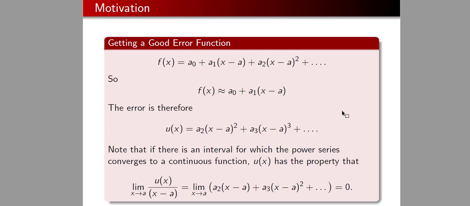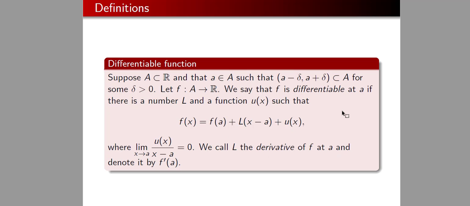So given this page, let's go ahead and define a differentiable function. Suppose that A is a subset of the real numbers and that little a is an element of capital A, such that the interval (a minus delta, a plus delta) is contained in A for some delta greater than 0.